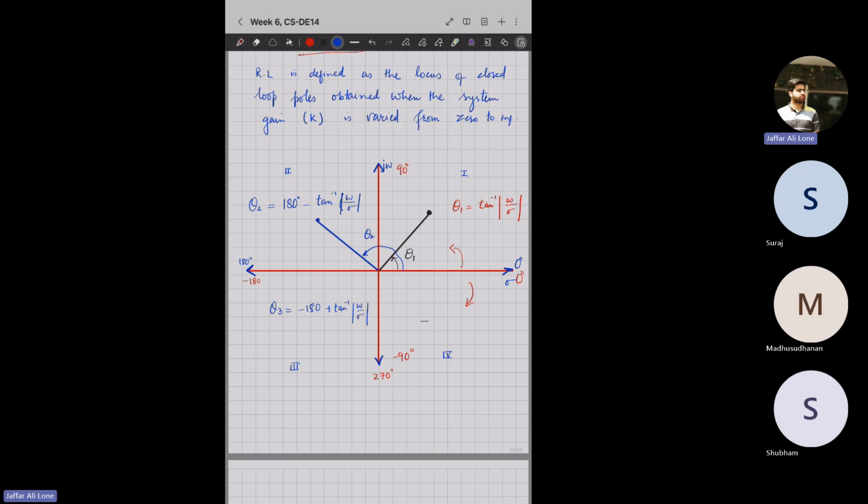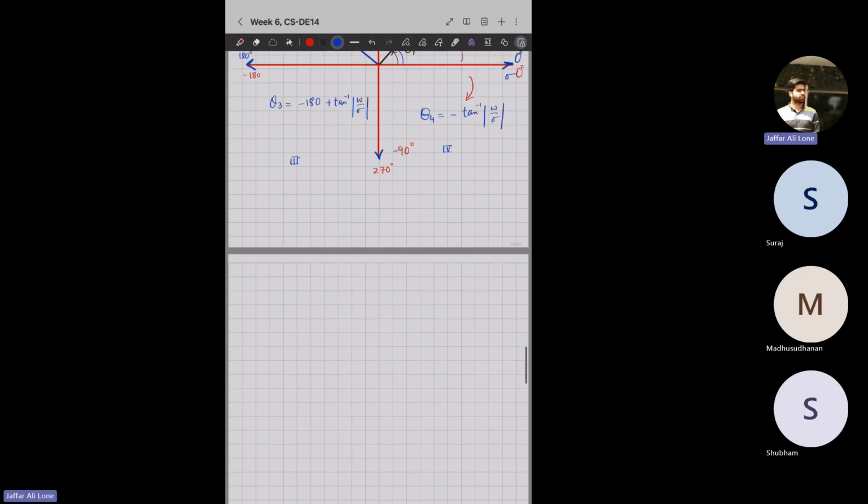And theta 4 will be equal to minus tan inverse of omega by sigma; this is my fourth quadrant. So if I have a point in the fourth quadrant, I can directly write the values of the angle from these formulas. Very simple. Now let's see one question, and that will make things clearer.